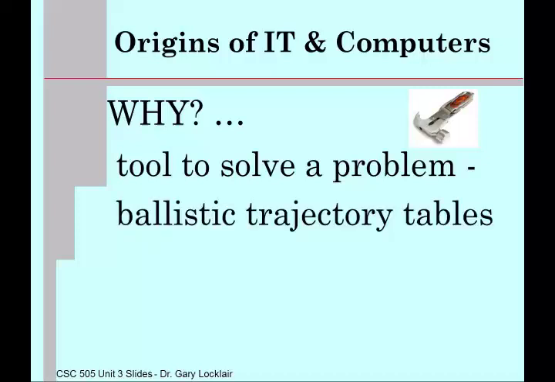The problem that the ENIAC solved was the construction of something known as a ballistic trajectory table. I'll give you the background. You don't have to necessarily remember the entire story, but I've just tried to drive home the tool to solve a problem point.